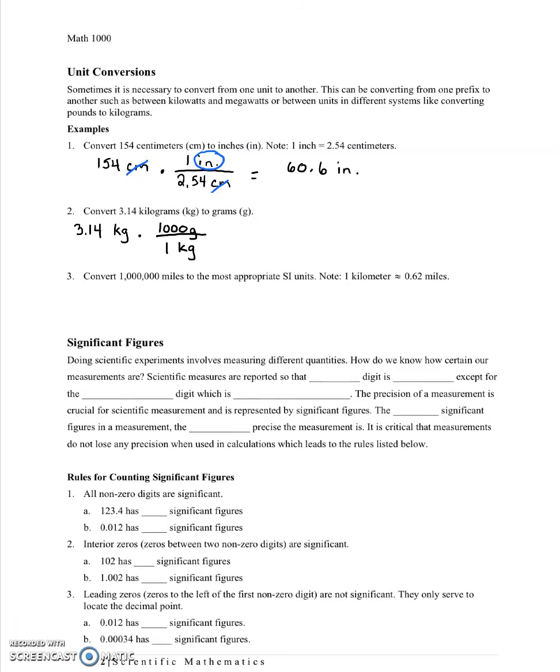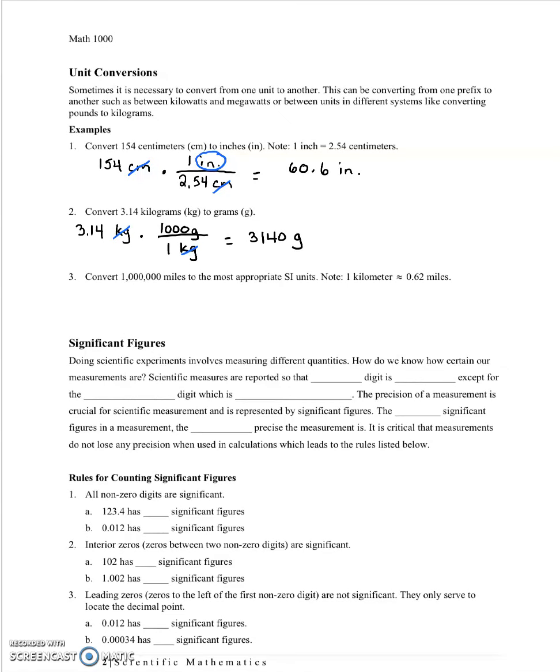You notice this time, since I started with kilograms, I put the kilogram in the bottom. So this time, the kilograms cancel. And if we multiply, we end up with 3,140 grams.